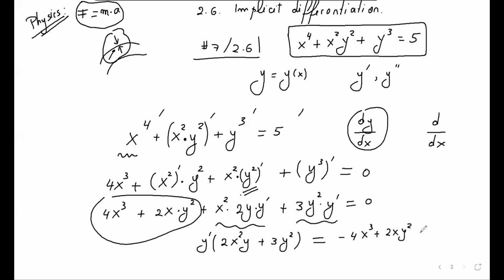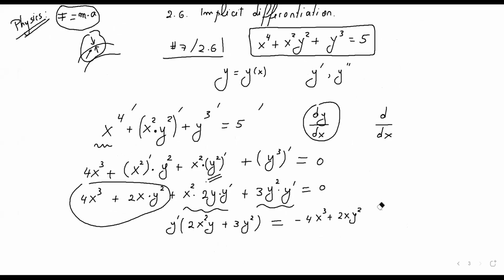And I can say the solution of this equation is, sorry, folks, let me make this bigger. There we go. So the solution of this equation is, well, y prime is a fraction, the right side, negative 4x cubed.